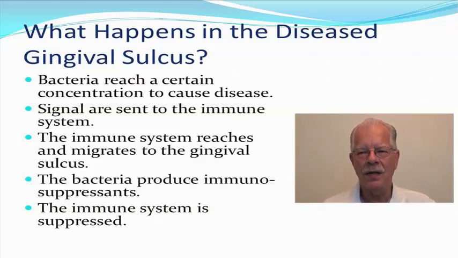Then we know that the red complex with Porphyromonas gingivalis and the AA and the other bacteria are needed for the proliferation of oral spirochetes. But when that starts to happen, it stimulates the immune system, and signals are sent out, and the pathways of the immune system are opened up and begin to flow into the gingival sulcus. And then you see swelling, redness, and then bleeding gums.